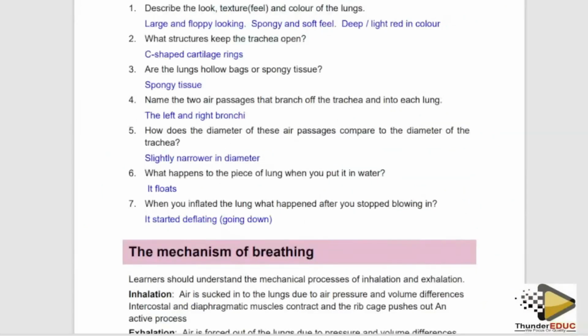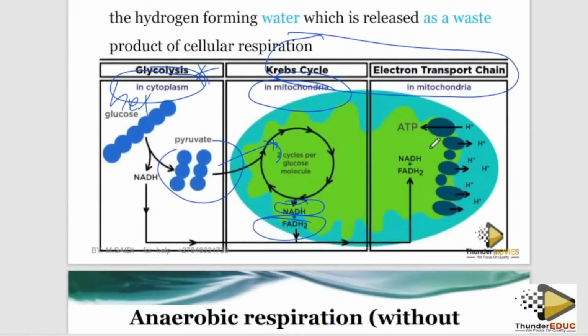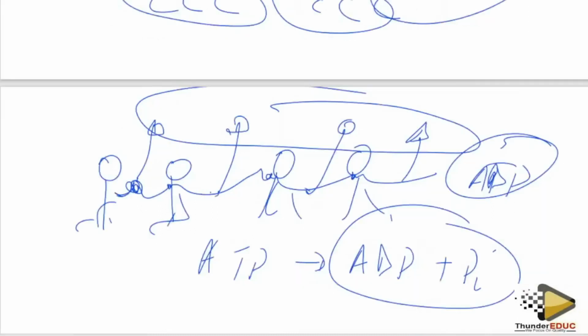This is the one being explained here. So this reaction, ADP reacts with inorganic phosphate to form ATP. So in each process, ATP is formed.